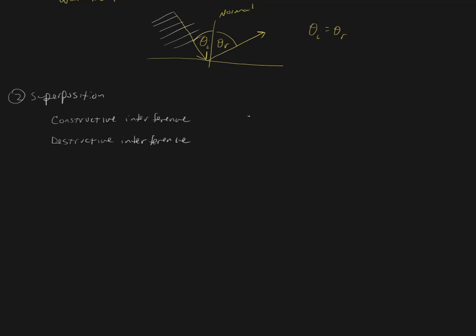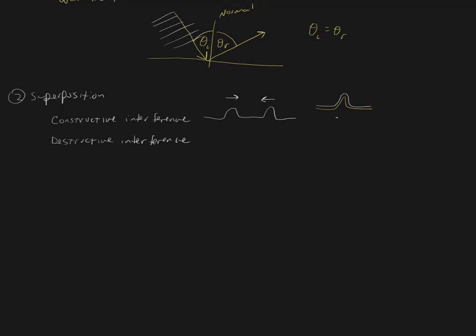With constructive interference, it's just what the name implies. It's a building up. So if I have two wave crests traveling towards each other, one goes this way, one goes that way. When they reach the same point in space where they're overlapping, then what we have is this. We have one wave crest, the one traveling to the right. Then we have the second wave crest, which is traveling to the left.